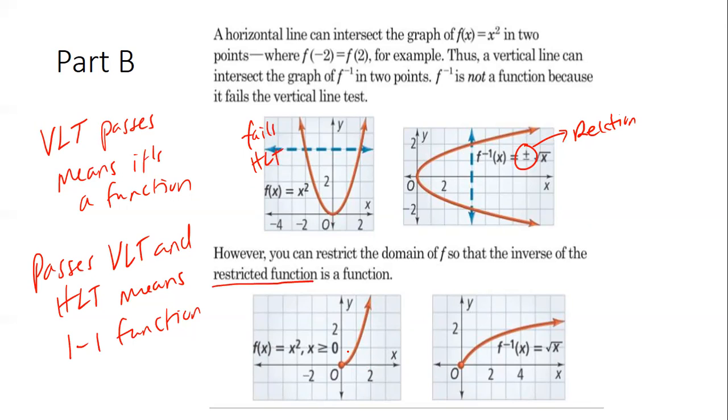Okay, and so now this will pass the vertical line test and horizontal line test, which means that its inverse is a function. So what we're going to talk about today is domain and range and how the restrictions work for square root and quadratics. Okay, all right, let's dive in.